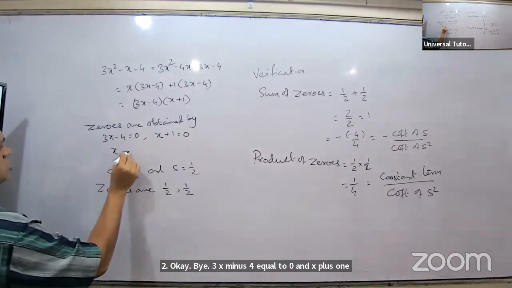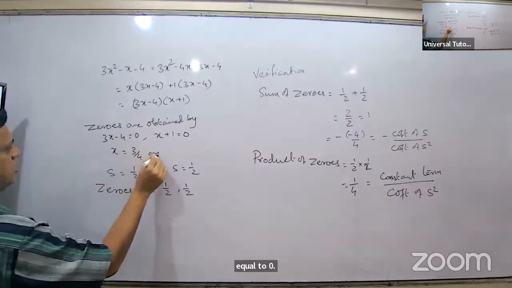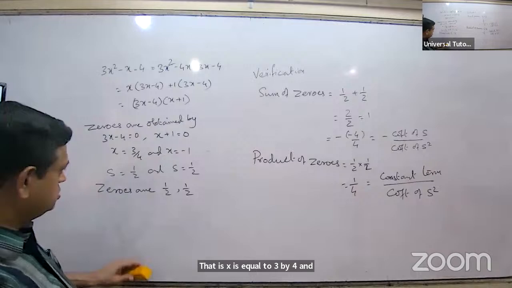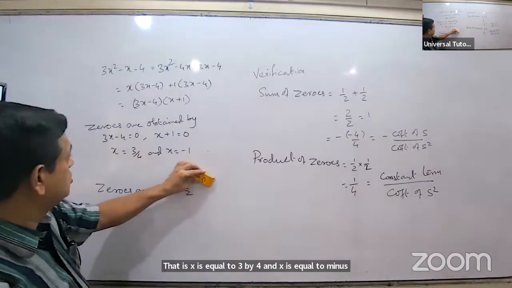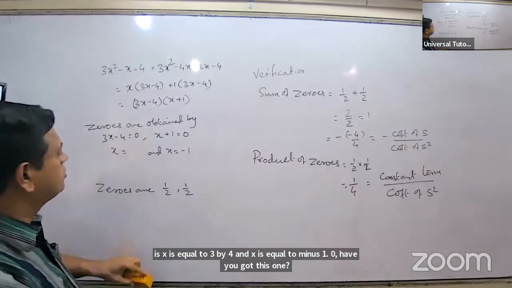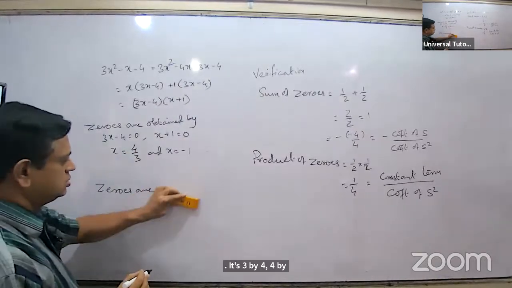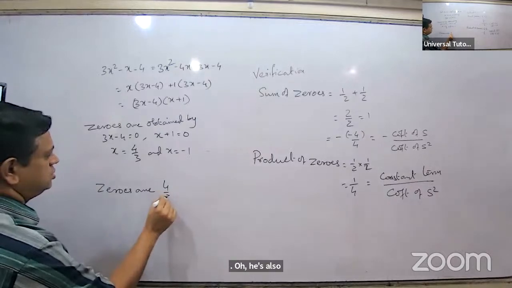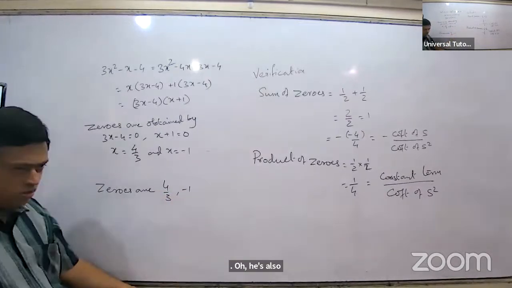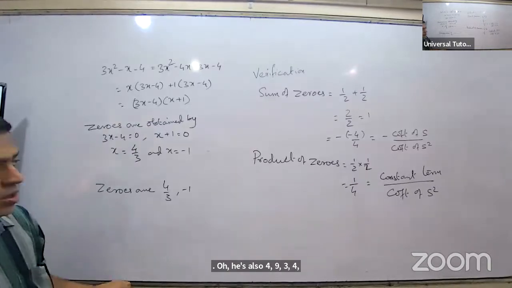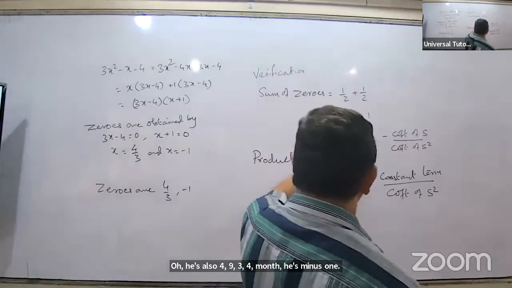That is x is equal to 3 by 4 and x is equal to minus 1. All of you got this one? Sir, is it 3 by 4 or 4 by 3? It is 4 by 3. So zeros are 4 by 3 comma minus 1. These are the two zeros. All of you got this one? Yes, sir.